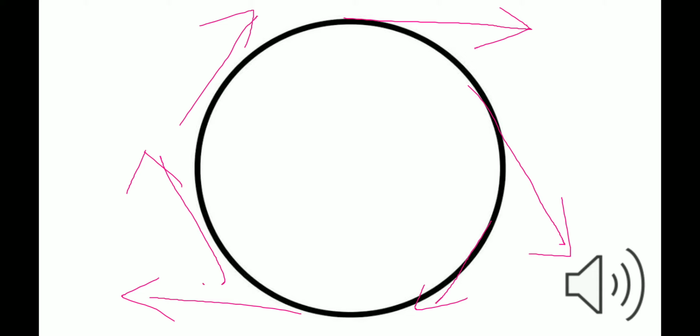And when the magnitude of the velocity is the same and the direction is changing continuously and the body is moving in a circular path, this kind of motion is known as uniform circular motion. Have you understood? Let's move further.